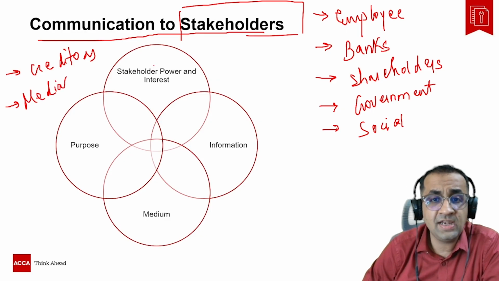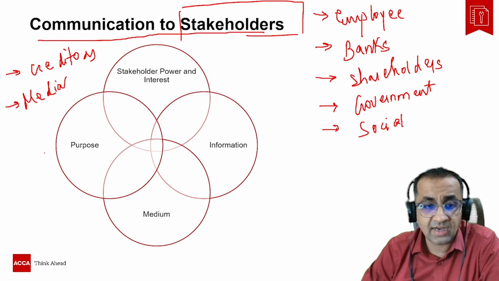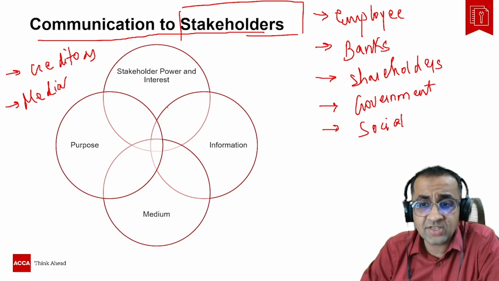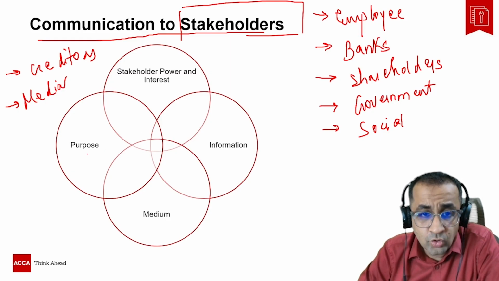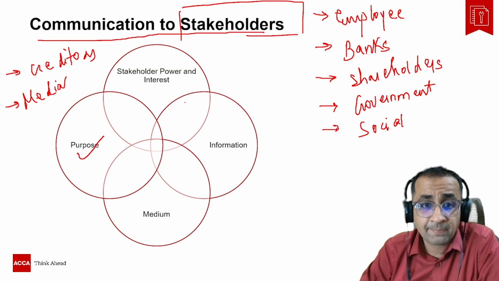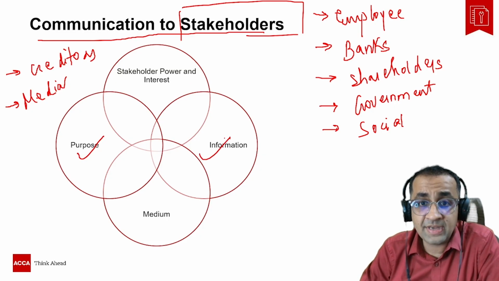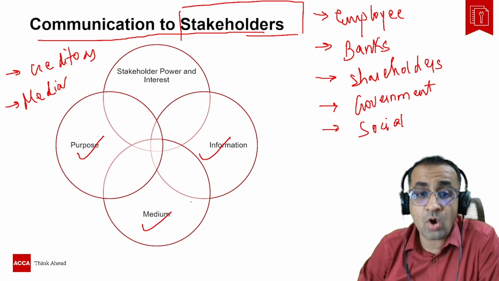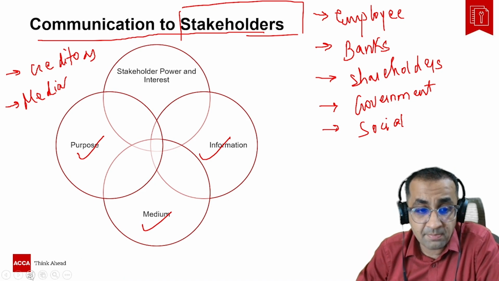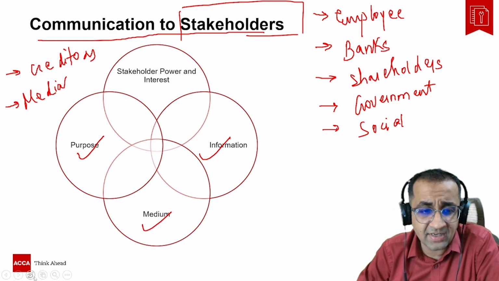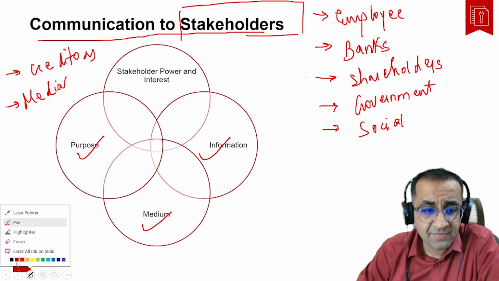So all these will play a very important role, guys, and we need to have proper communication with them. We need to understand what the purpose is, what kind of information they want, and what the medium of communication is with each one of them, because you can't communicate in a similar manner with all of them.